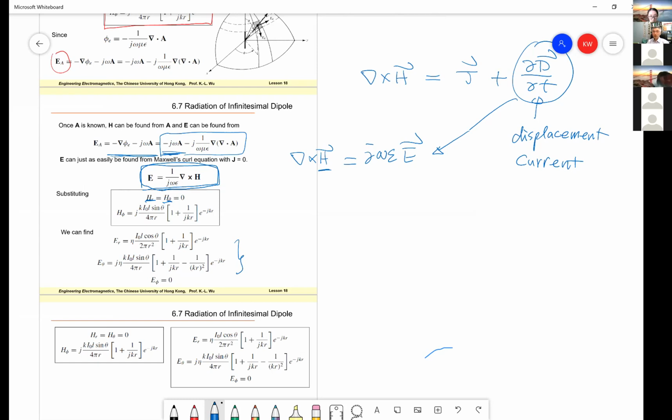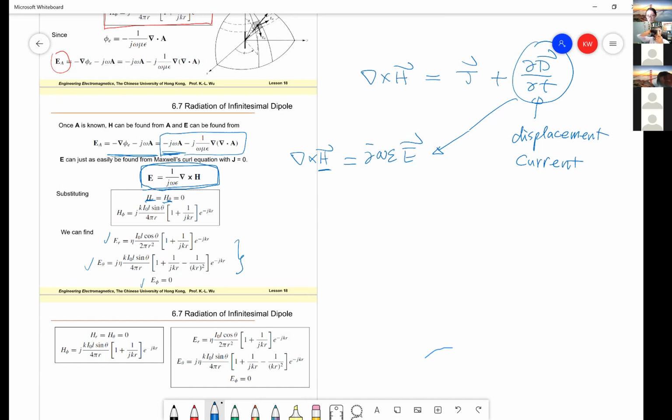The electrical field has an r component and a theta component, but the phi component equals 0, okay? For an electrical small dipole antenna, we don't have a phi component, okay?